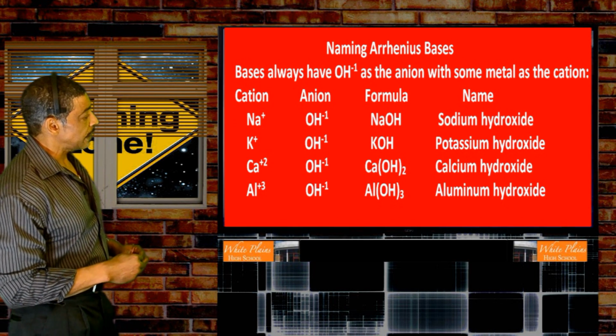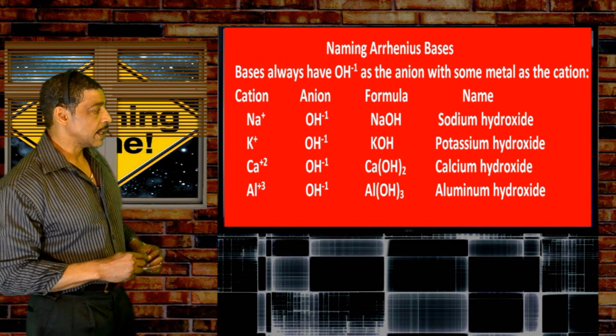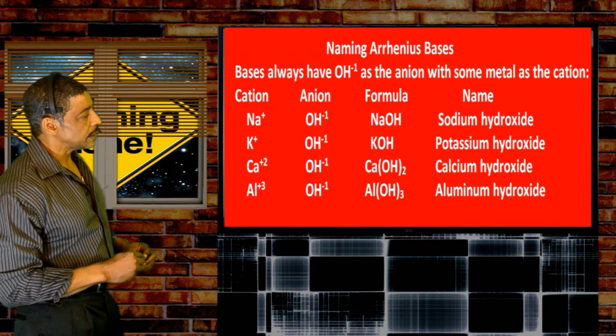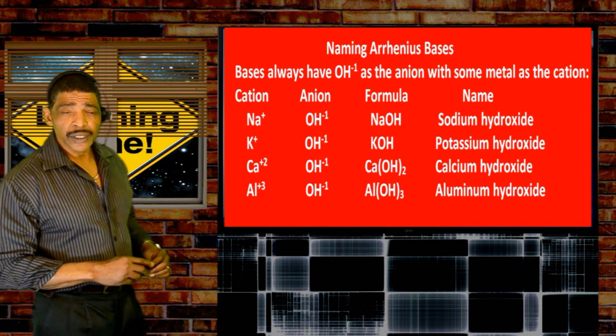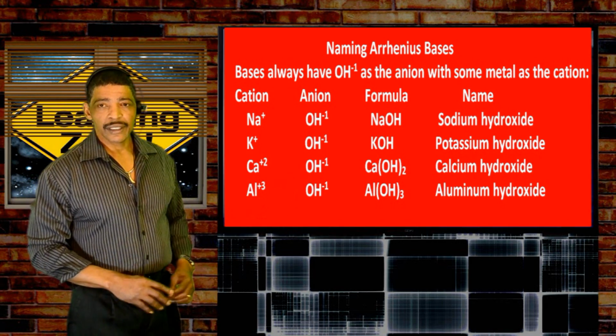If the base contains the aluminum cation, Al3+, and hydroxide ion, the chemical formula will be Al(OH)3, and the name of the base will be aluminum hydroxide.